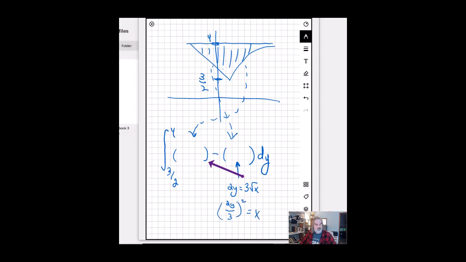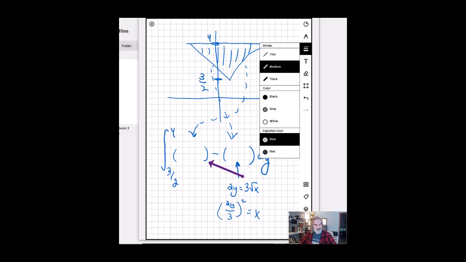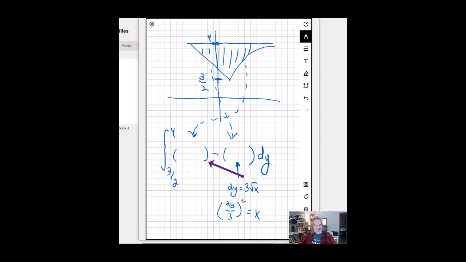And so (2y over 3) squared. Whoops, I put it in the wrong spot. This is supposed to be the upper curve. Dang it. 2y over 3 squared. Okay.